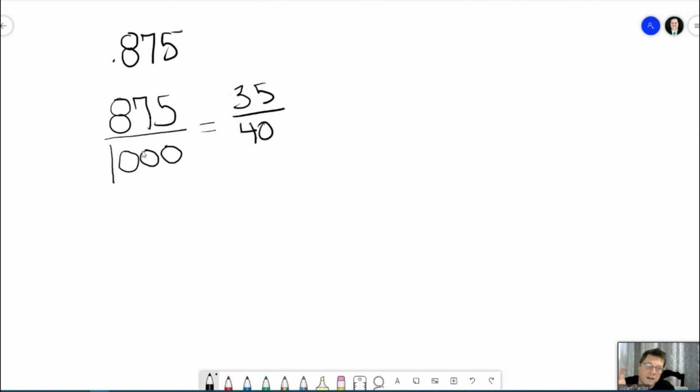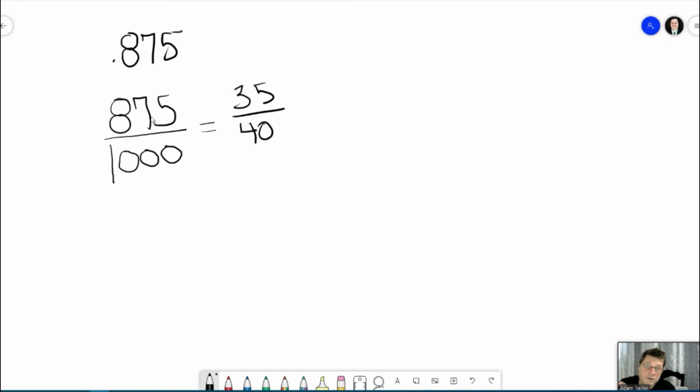If we're trying to find the lowest terms here, and we find a divisor that fits into both of these, which we did, which is 25, and we end up with 35 over 40. What we're saying is 875 over 1,000 is equal to 35 over 40. And we know that's true because we divided the numerator by 25 and got 35. We divided the denominator by 25 and we got 40.